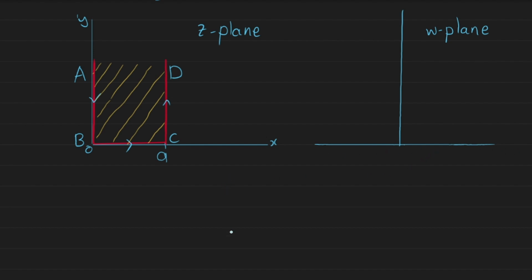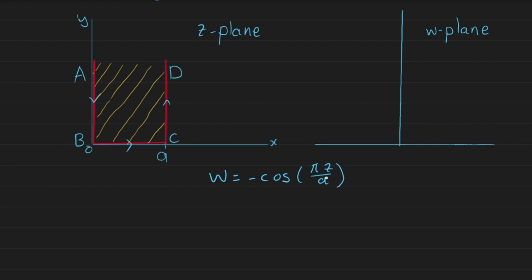So what we're going to do is apply a transformation equation to map these lines and this region into the w-plane. And that transformation equation is that w is equal to minus cos pi z over a.